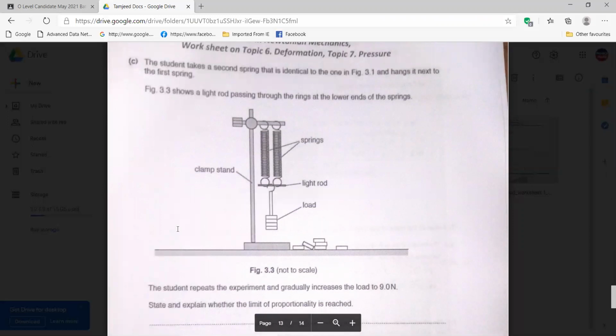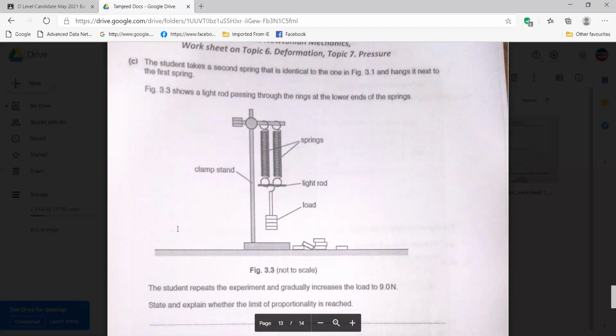A student takes a second spring that is identical to the one in figure 3.1 and hangs it next to the first spring. Figure 3.3 shows a light rod passing through the rings at the lower end of the springs. A student repeats the experiment and gradually increases the load to 9. State and explain whether the limit of proportionality is reached.